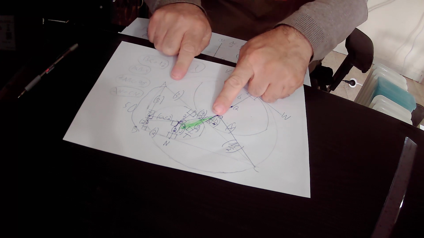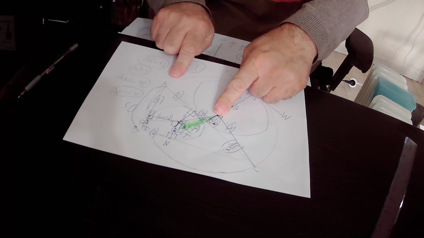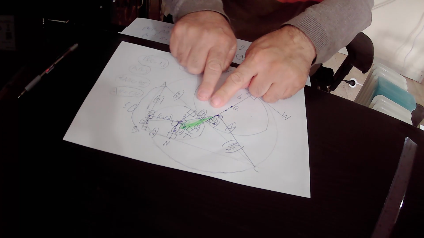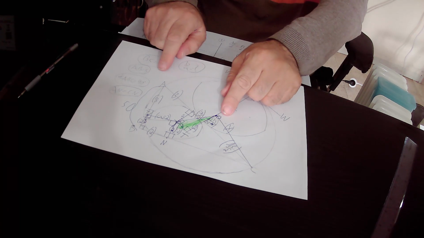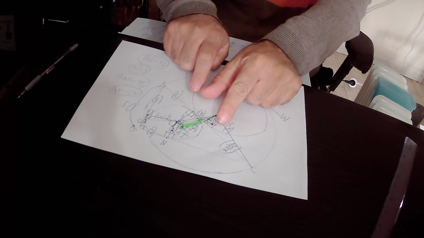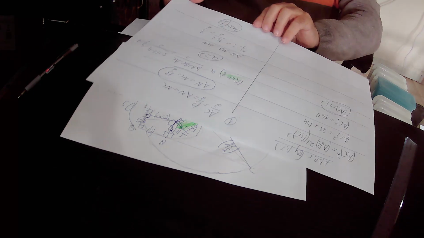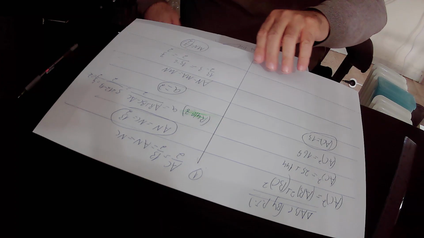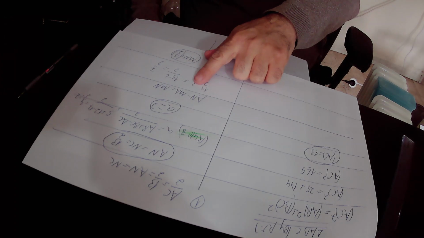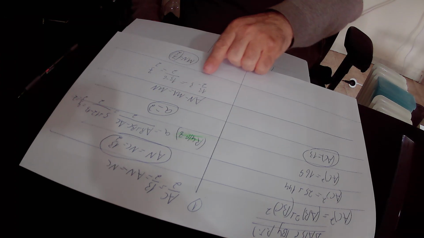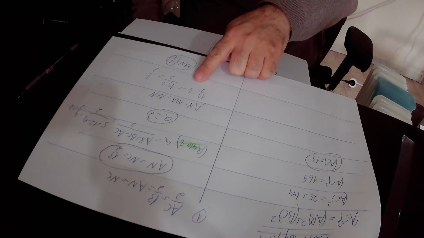AM is 3, AN is 13 over 2. So AN minus AM equals MN. Again, AN minus AM equals MN. AN is 13 over 2 and AM is 3.